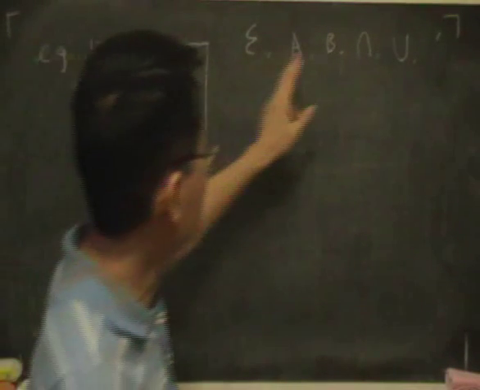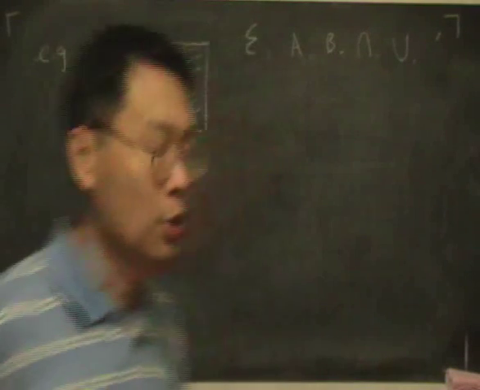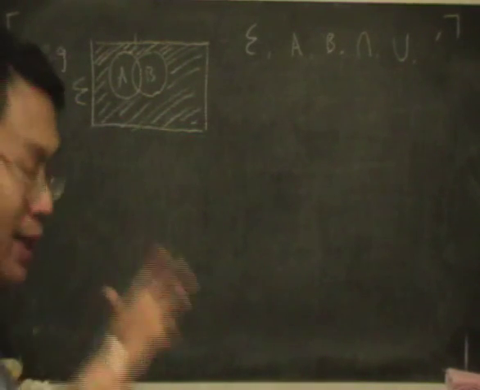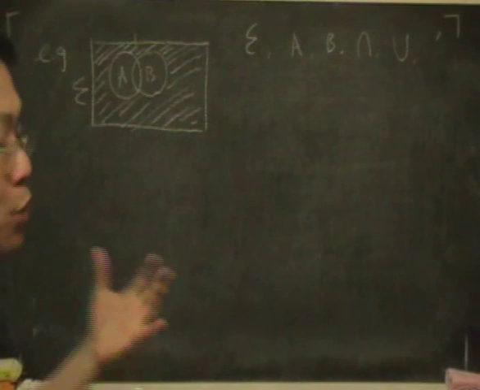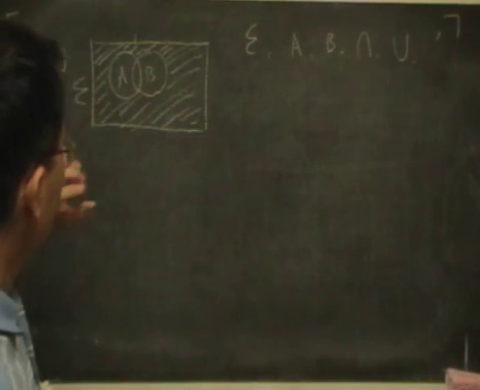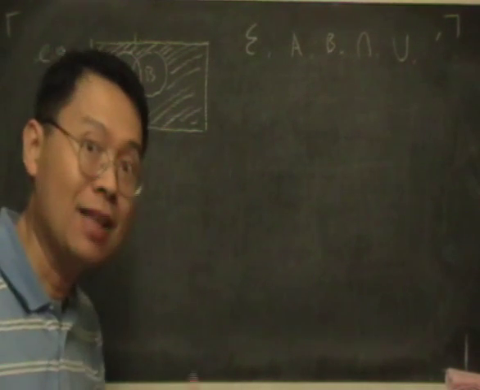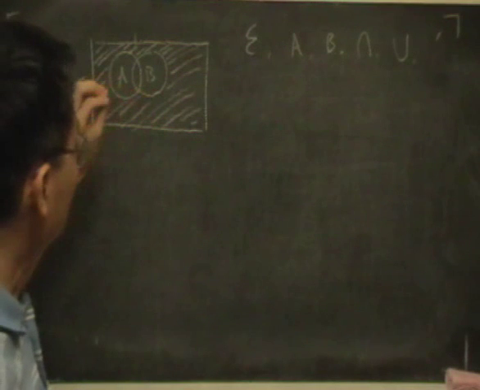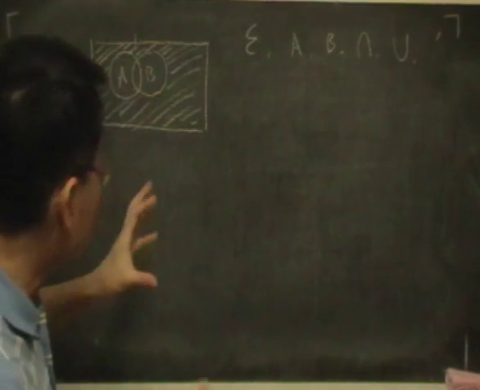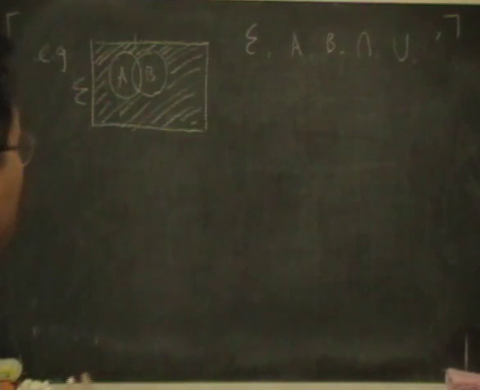So using these notations, we have to make up something, string them together somehow to give something that is equal to a set corresponding to the shaded region. Right, so let's try and do that.